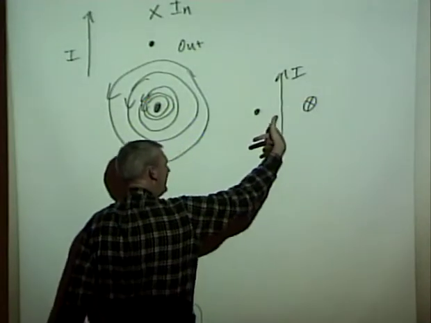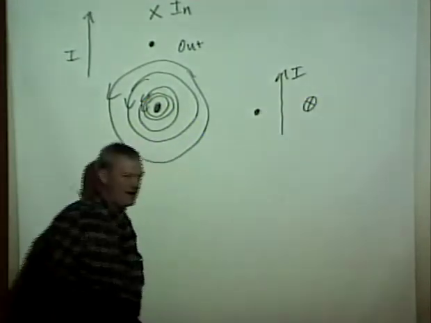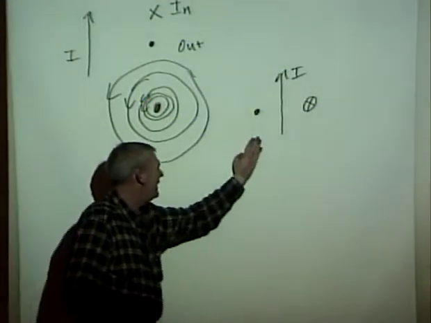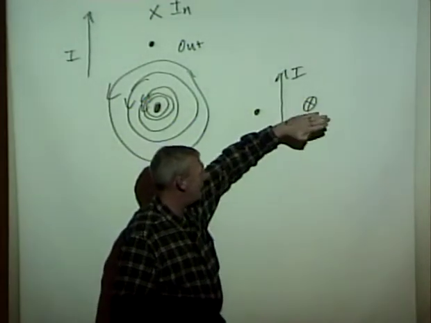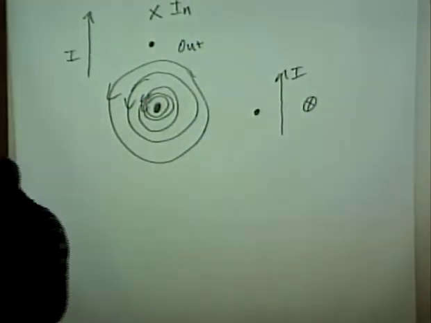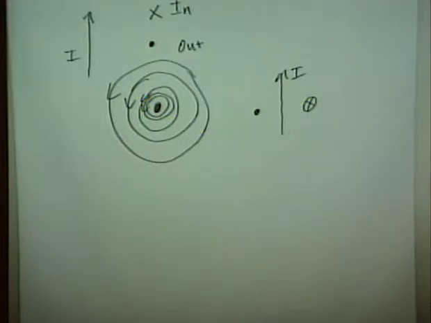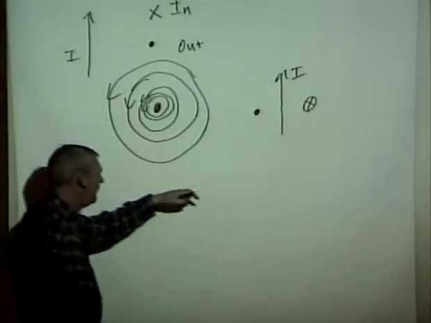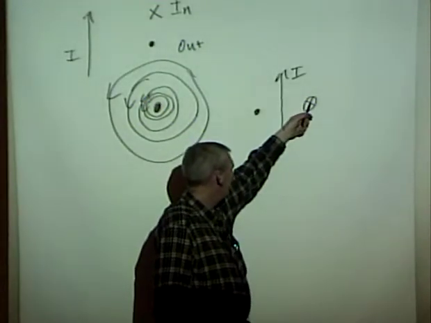In other words, on the other side of that wire, it would be going to the left. And then as I come around, it'll be going to the right here, and then it goes in. Just think of it as like a disc with the wire in the middle of it, and the B field's going all the way around. It's solid all the way around. It gets lighter and decreases in magnitude as you get further away. But this is what it looks like. Okay? So the B field is going like that.